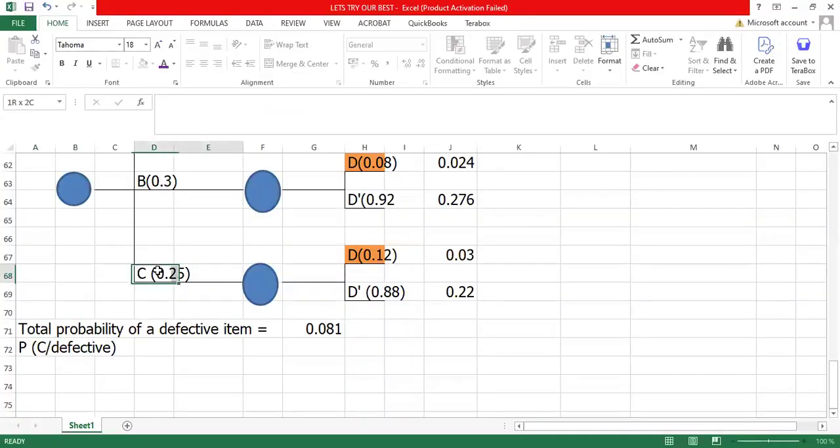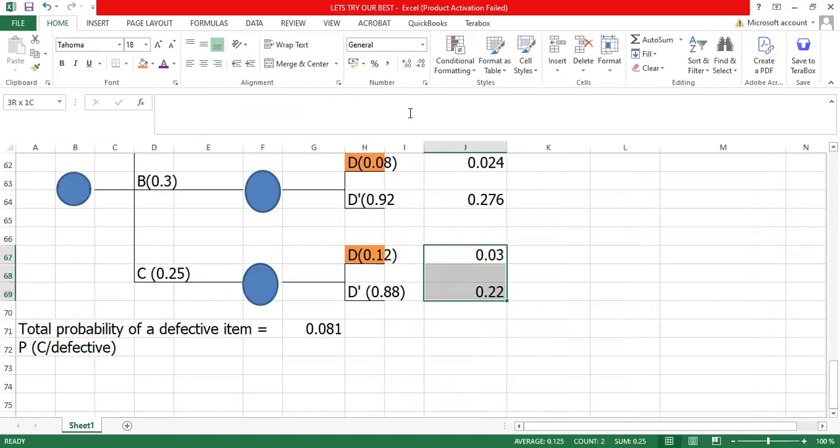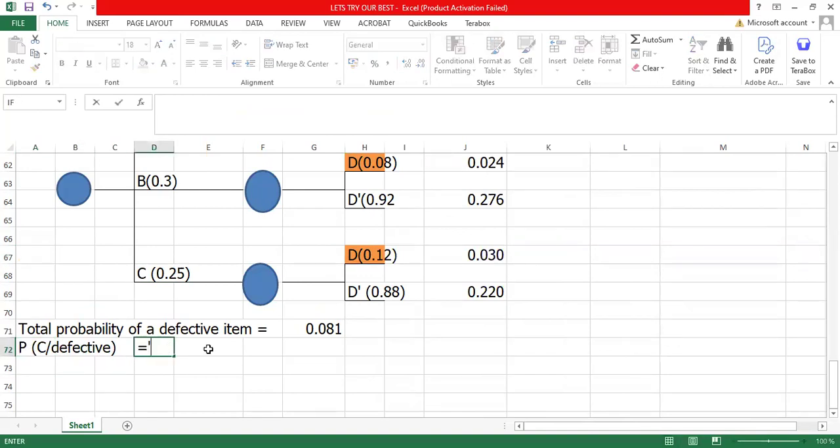This is operator C. An item produced by operator C, given that it was defective. So what is that probability? Are you seeing this? We are going to get that, given that it was defective, we get this.